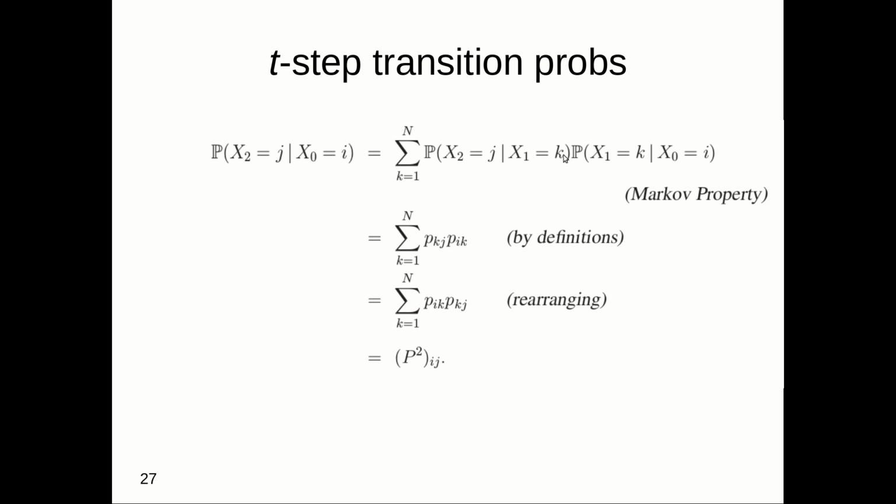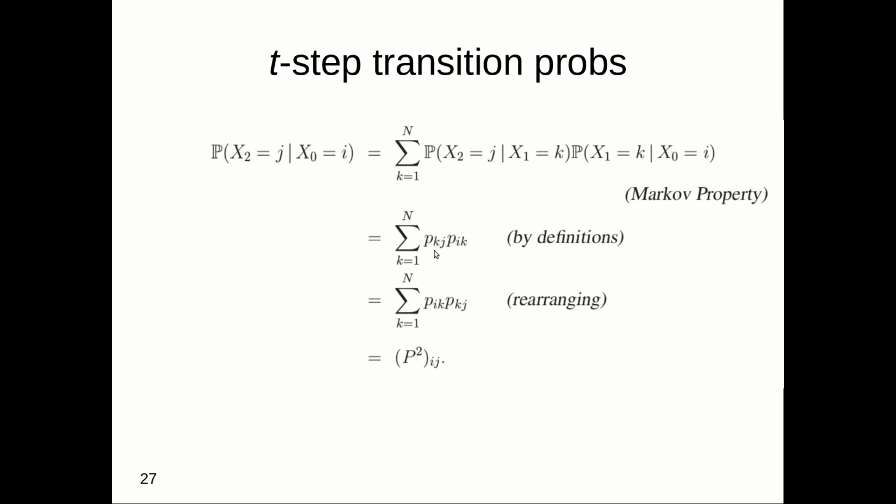So there may be 1 or 2 or 3 or more intermediate states k at time 1 that take us from i to j.